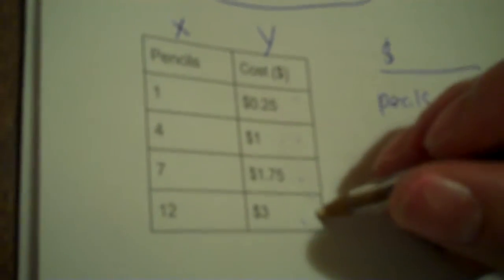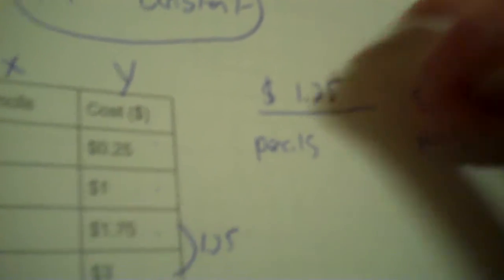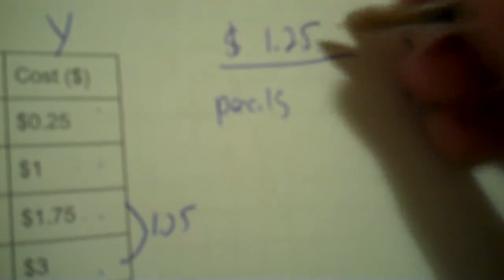You have to have it labeled right. Okay, so I take 3 minus $1.75. It's $1.25, okay. So that cost went up $1.25. But in the meantime, 12 minus 7 is 5. So it went up $1.25 because you bought 5 pencils.